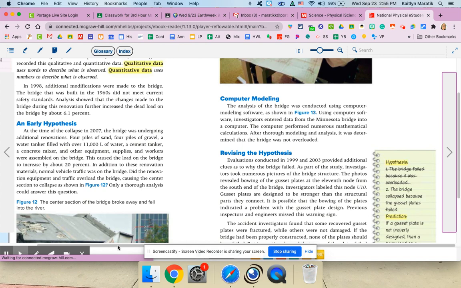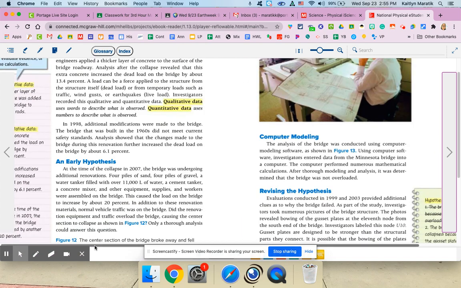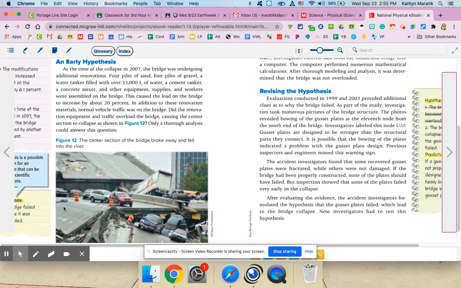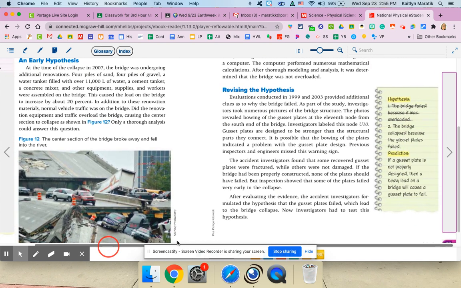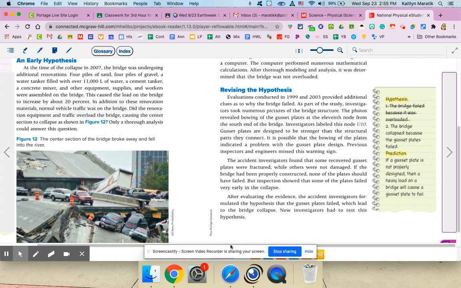So we've got observations, and then we have some data, but we have to have a hypothesis based on our observations and possible data that we've gathered. So observations then help to form a hypothesis, and that's going to lead us to having a prediction.